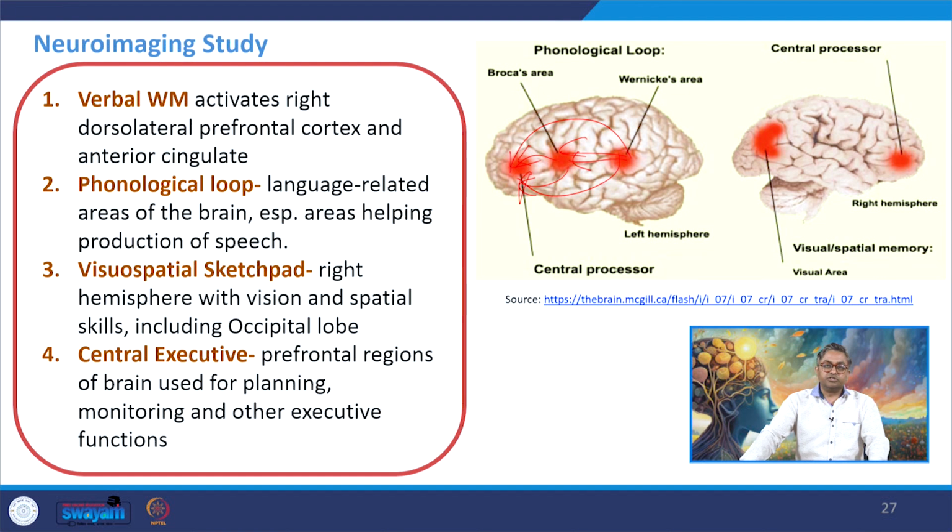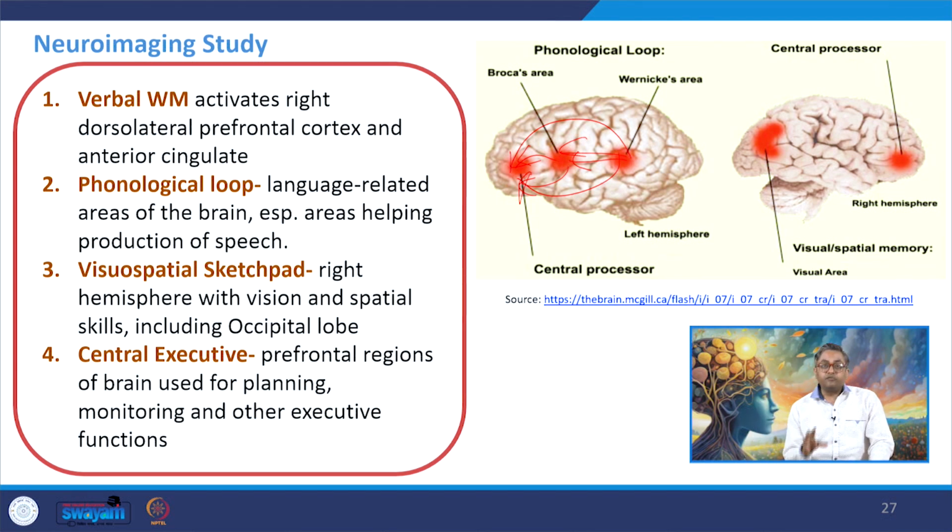This frontal cortex is getting input from these different speech areas. The frontal cortex is present on both sides: the left dorsolateral prefrontal cortex and the right dorsolateral prefrontal cortex. What we have seen in the case of verbal working memory is that the right dorsolateral prefrontal cortex plays the major role over the other. One should not have a misconception.